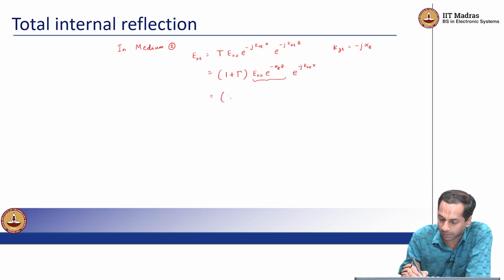So 1 plus gamma can be written as 1 plus e to the j 2 phi tm, right?